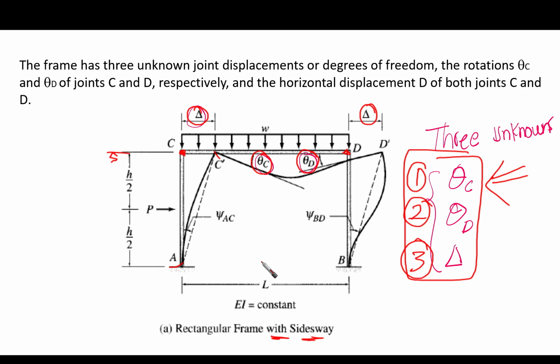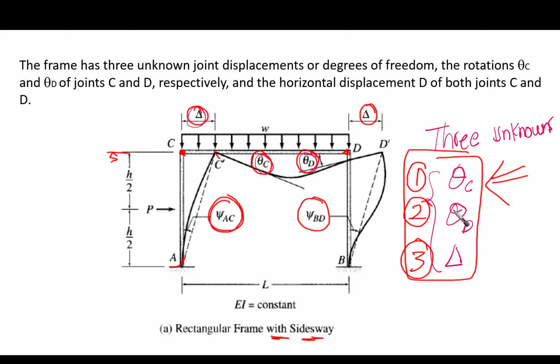Okay? Then the slope deflection method equation requires the chord rotation. Do you remember the chord rotation? It is the rotation between the dashed line connecting the start and the end of the member and the vertical, if we are talking about columns. So this means that we are going to have psi AC and psi BD.